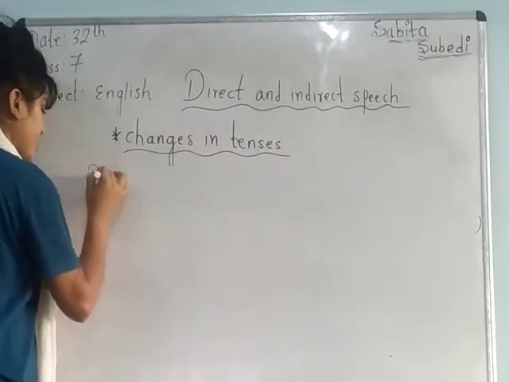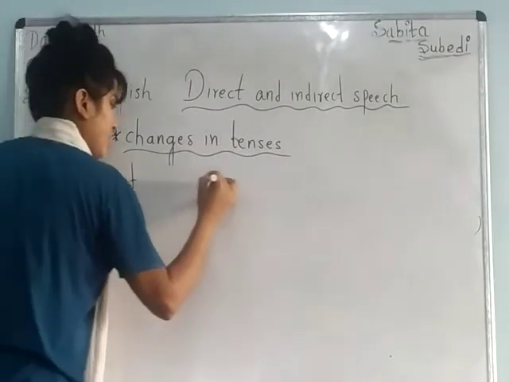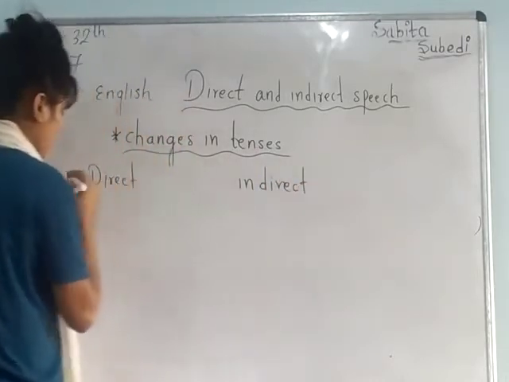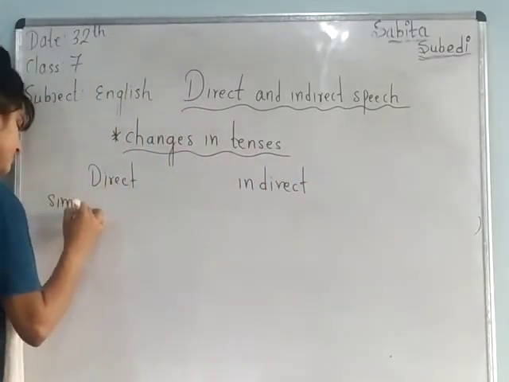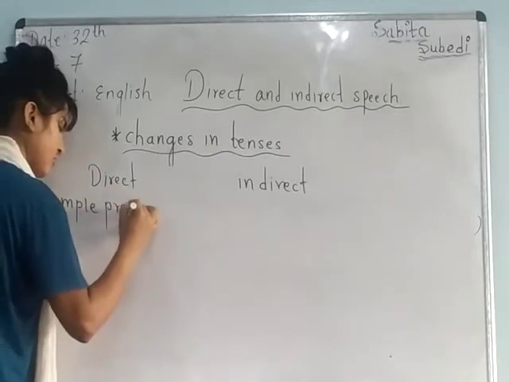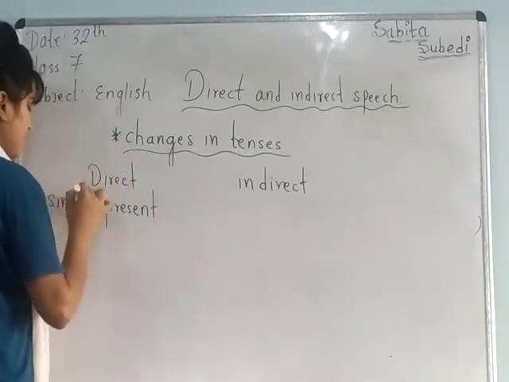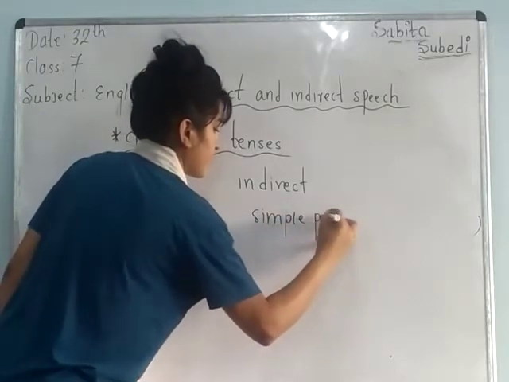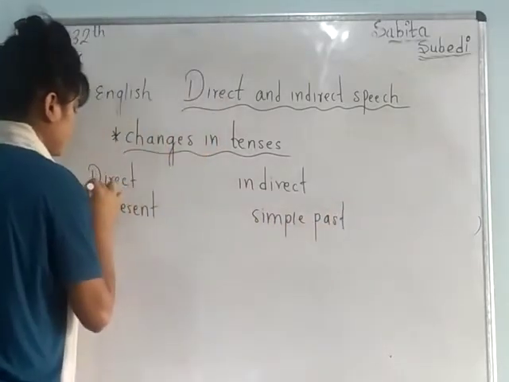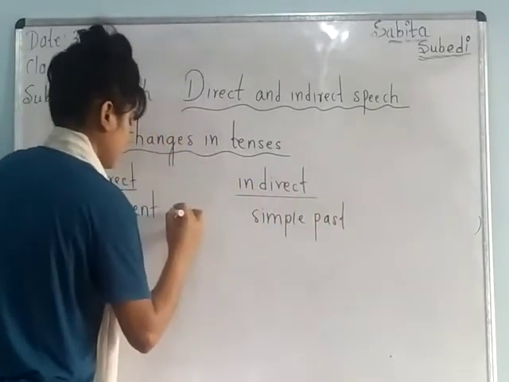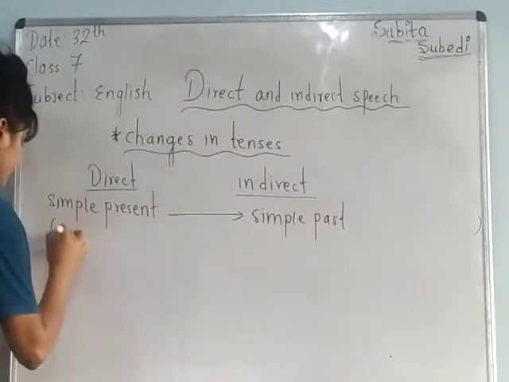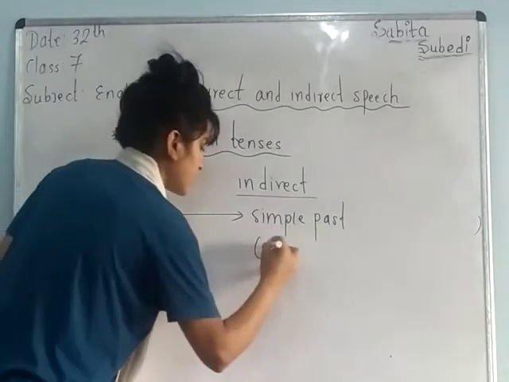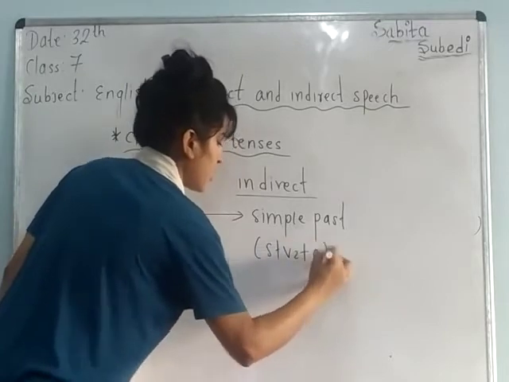I am going to write direct and indirect. Simple present changes into simple past: subject plus verb 1 plus object becomes subject plus verb 2 plus object.